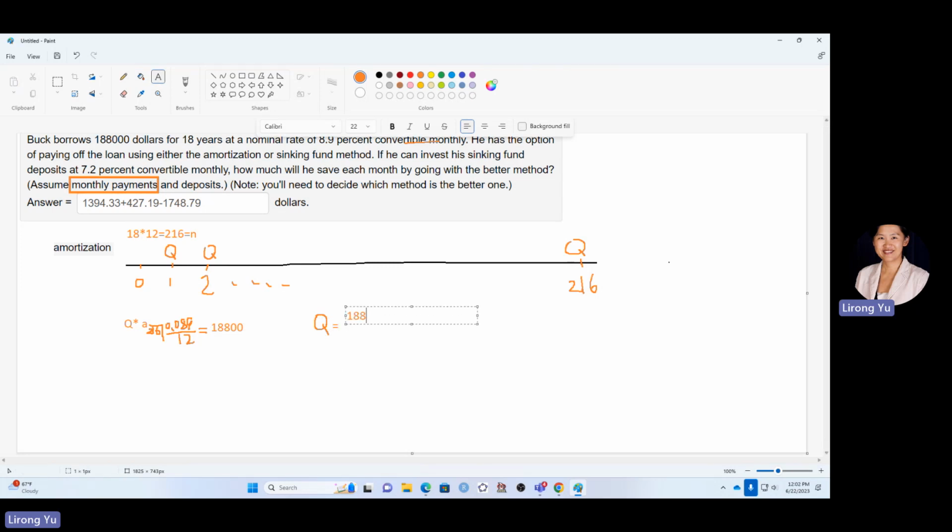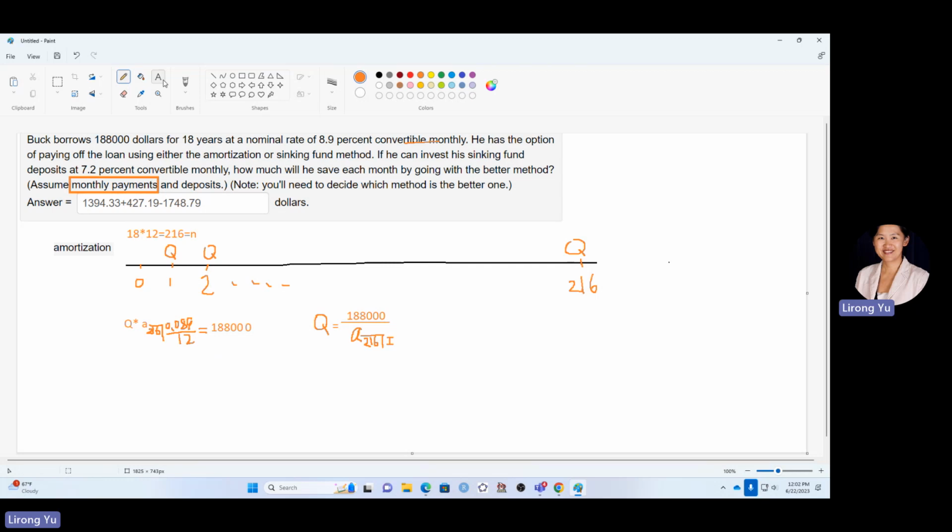So Q ends up being a division. This is something we have already done in chapter 3 or 4, combining the previous methods and formulas that we learned. So it's 18800 divided by a angle 216 at rate i, and i should be 0.089 divided by 12.